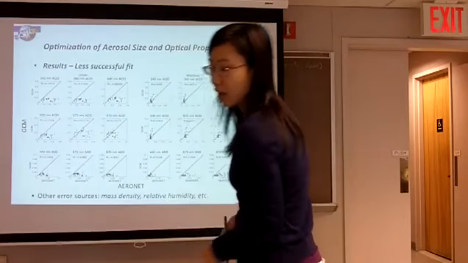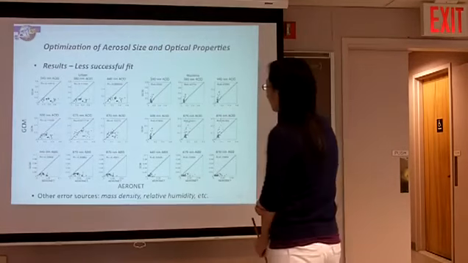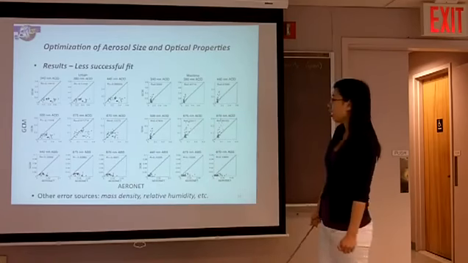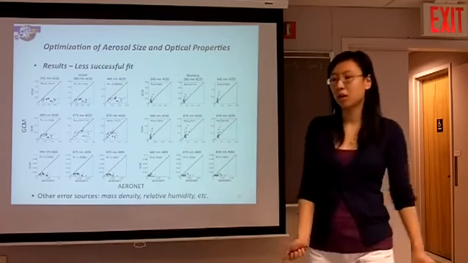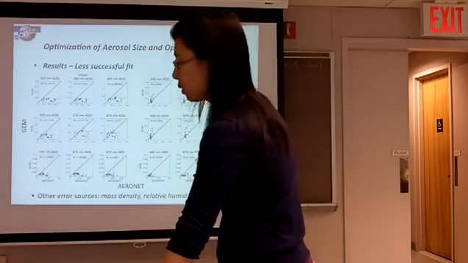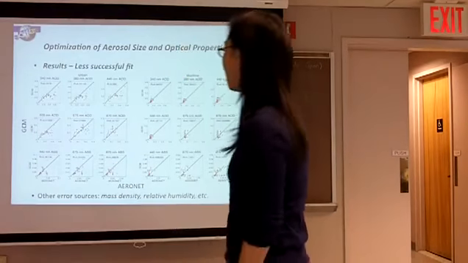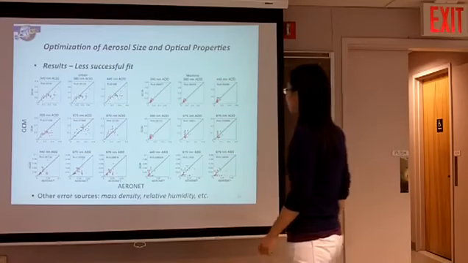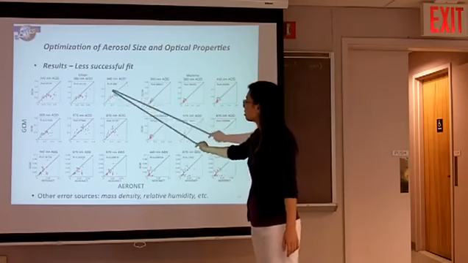For the other two aerosol types, that's urban and maritime aerosols, the fitting also improved the results a little bit, but not as good as the previous three. There are still some outliers here.